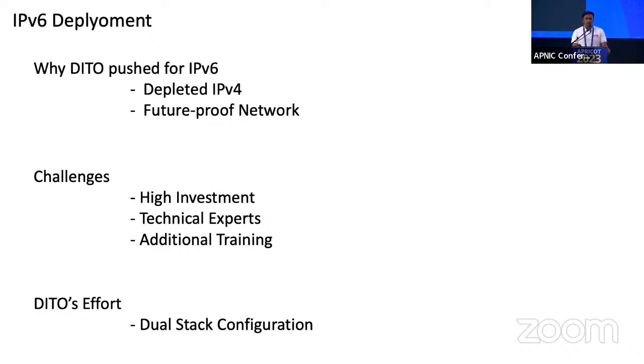So that's why we consider the dual stack configuration. And also, of course, a lot of consumers, users right now, they do not mind what's behind the technology, right? They do not mind if we deploy IPv6 or IPv4. So what's important to them is they have a fast, reliable connectivity to view those contents.